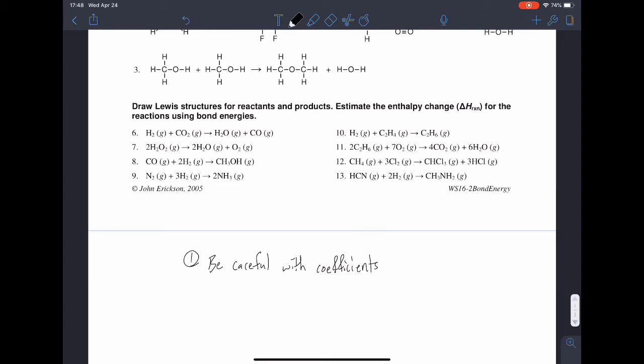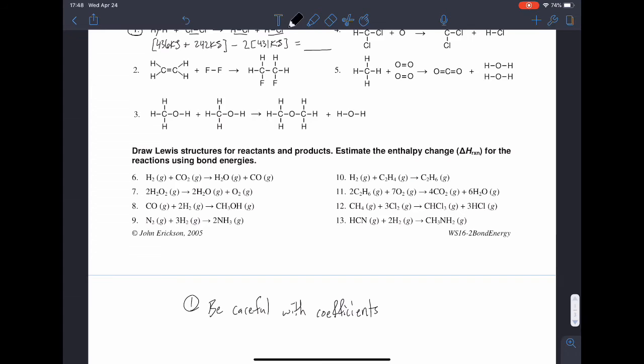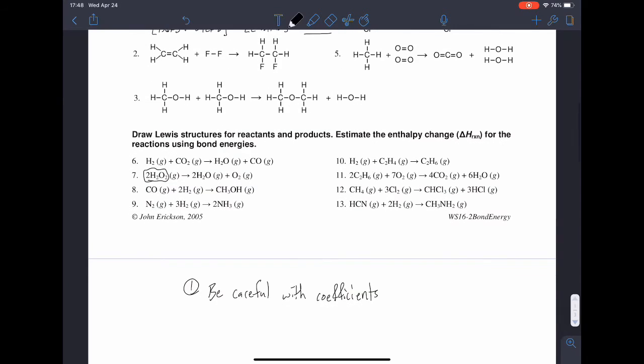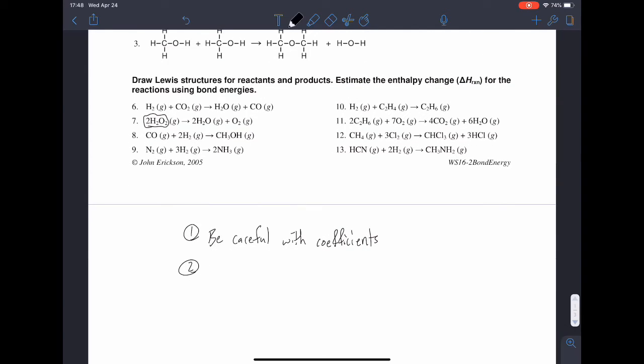And so what I mean there is that you have to remember that when you are thinking about 2 hydrogen chlorides, whatever values you're getting, you must multiply by 2. Okay? The second reminder is, don't forget that there's multiple bonds inside of some molecules.